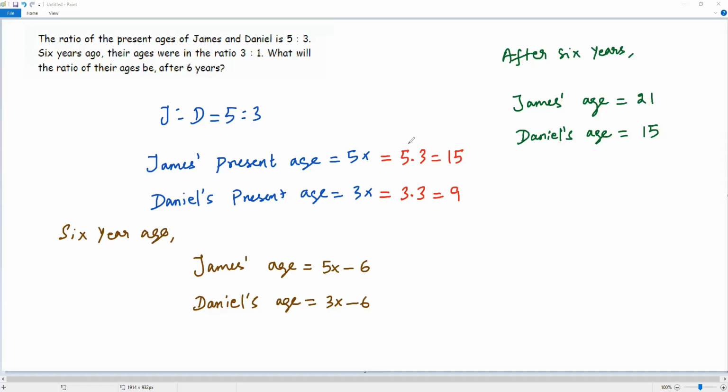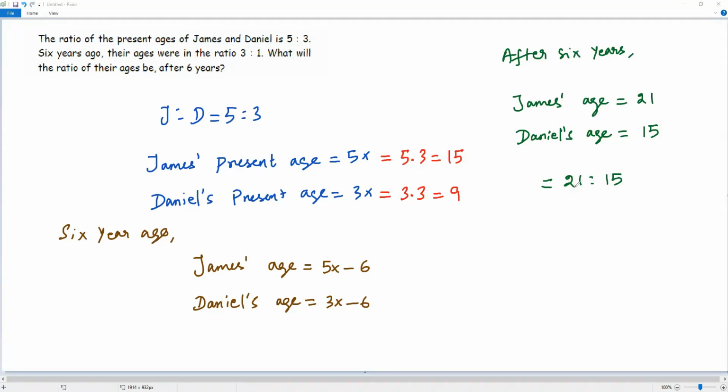Okay, now we got the ages of James and Daniel after 6 years. Now let's find the ratio between the ages of James and Daniel after 6 years. That is the ratio between 21 and 15. Always I have to give the ratio in simplest form. So to give this ratio in simplest form, I have to look at whether there is any common divisor, greatest common divisor for these two numbers.